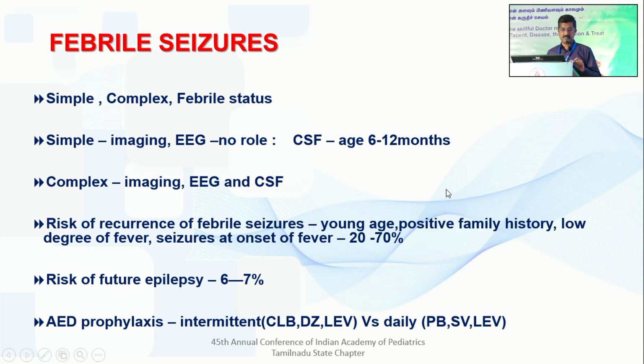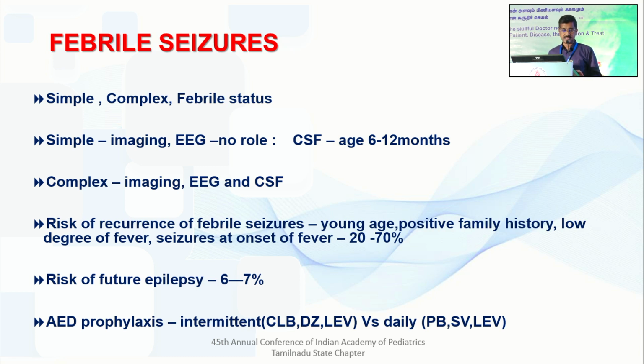So what about AED prophylaxis? Though the recommendation is only intermittent prophylaxis for both simple and complex, the AIIMS recommendation, or what we generally follow, is this: if it is a febrile status, complex febrile seizures, or recurrent simple febrile seizures, that is more than 4 per year, and I will add one more thing, if there is parental anxiety or fussy parents, better to start them on regular anticonvulsants.